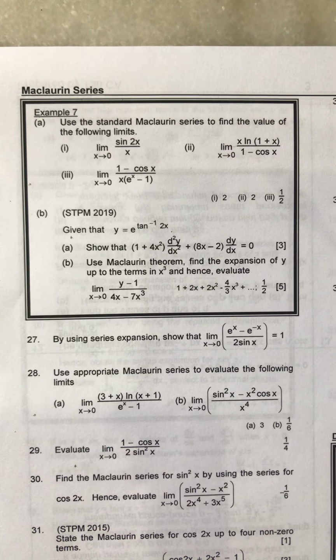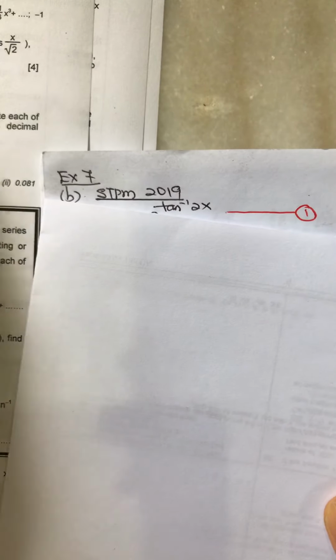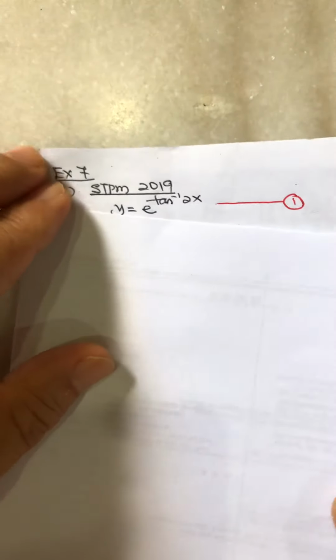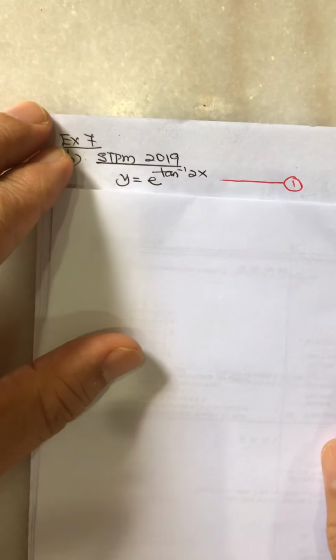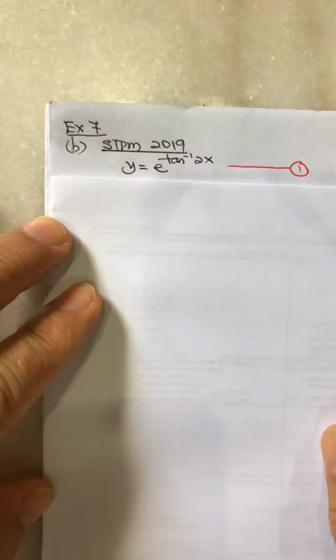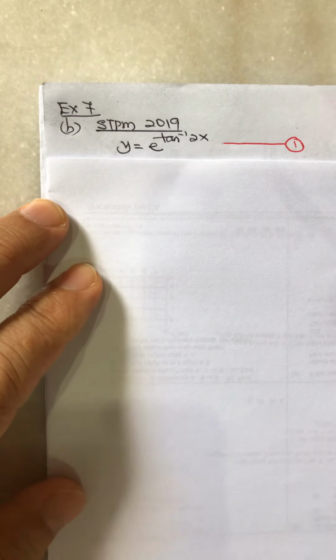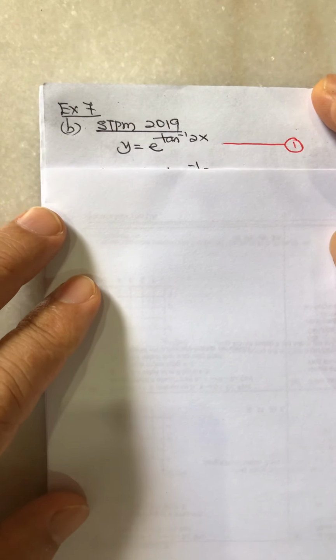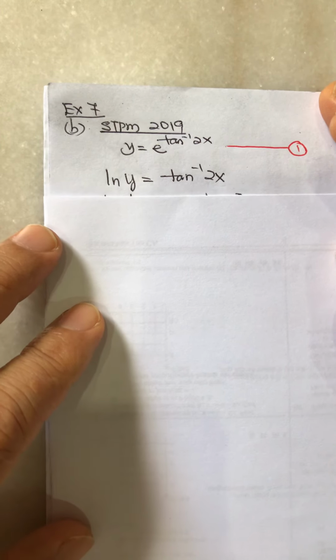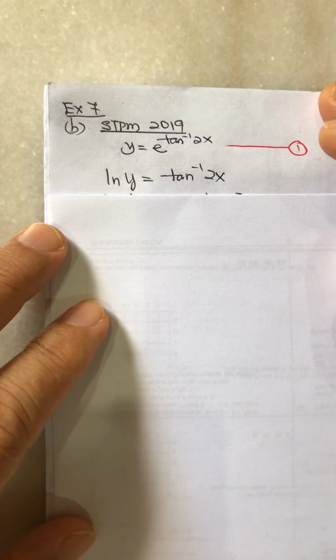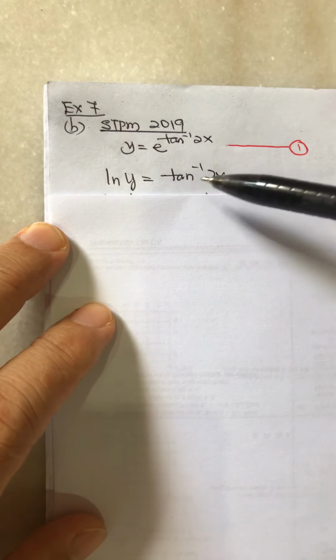Now look at this here. Now I'm going to start. Given this, of course, we are going to differentiate. Now the first derivative. I can write this one as ln y equals arctangent 2x.